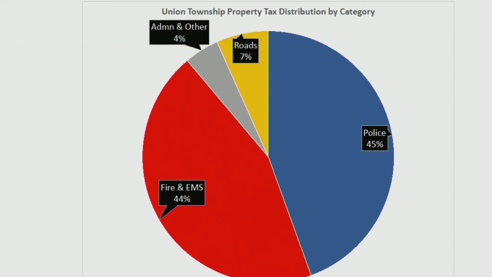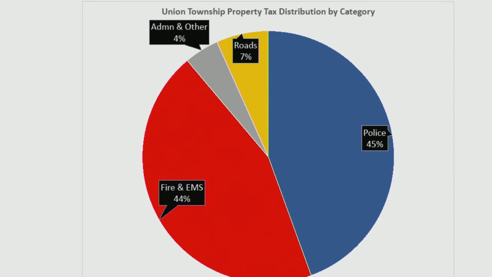So yeah, 44% is fire and EMS. It's almost the same as police, 45%. You had a pretty nice police report up here tonight telling you how your dollars are being spent. I can tell you, I like what I'm hearing. The yellow wedge is roads, and just coming out of winter and all of the snow that was removed and potholes filled and such, I would think actually it would be more than that, so I think we're getting a pretty good deal there.